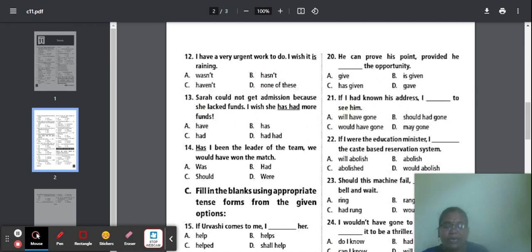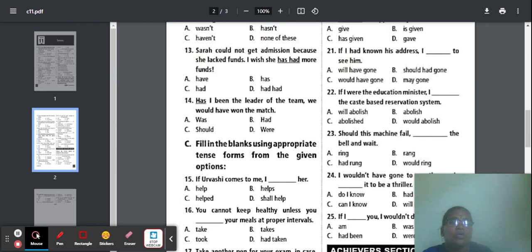So here the answer will be, check here also, my dear, I were is past tense. So we won't write will, we have to check past. Yes, would abolish. So if I were the education minister, I would abolish the caste based reservation system.